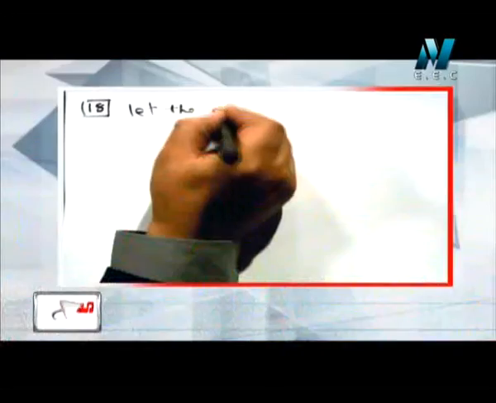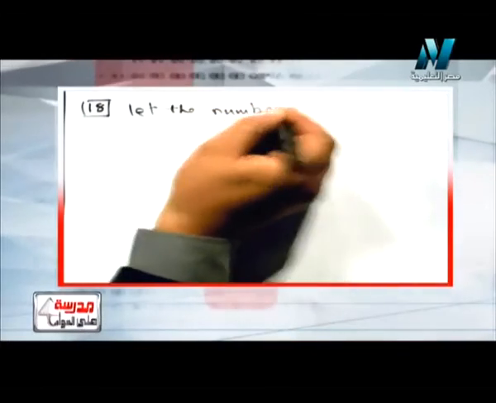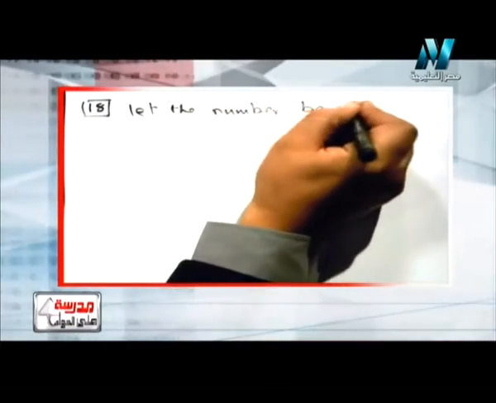For exercise number 18, it says: find the positive number such that if we add its square to each term of the ratio 7 to 11, it becomes 4 to 5. So let this number be x.